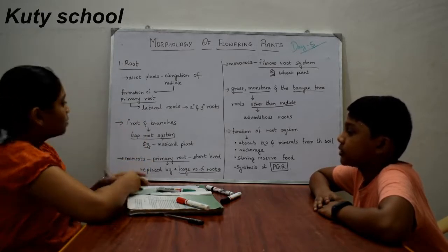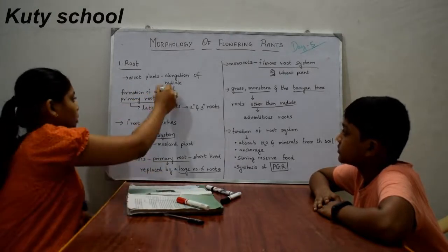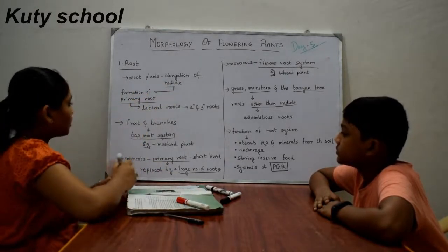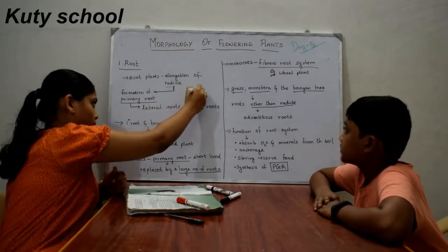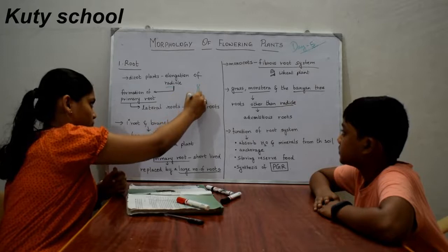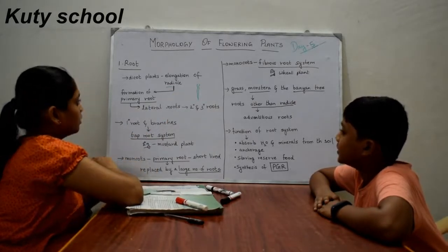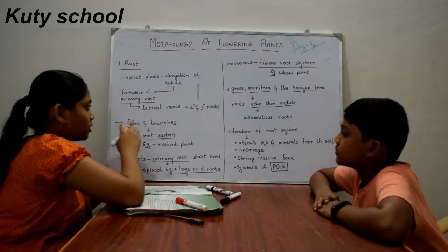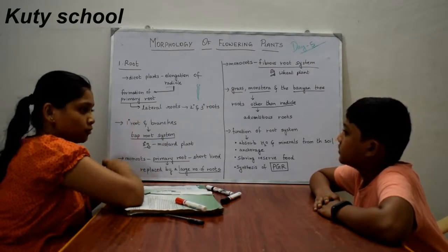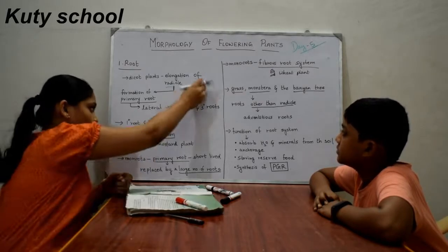The primary root comes out first, and it is white in color. From the primary root several lateral roots form, arising from the sides of the primary root.